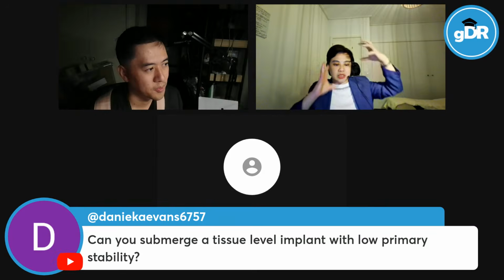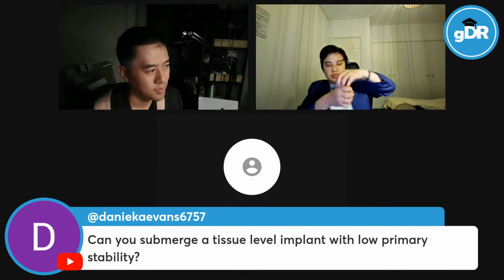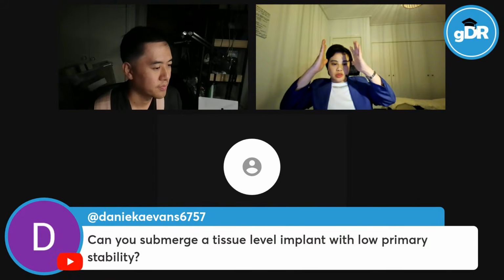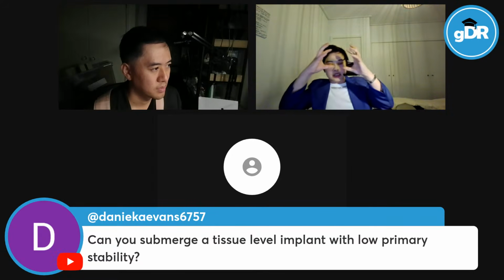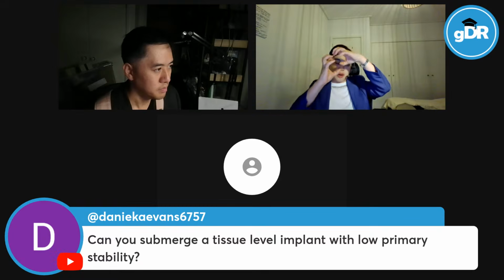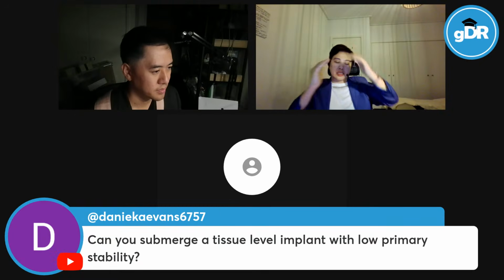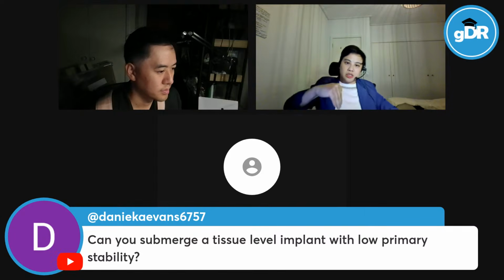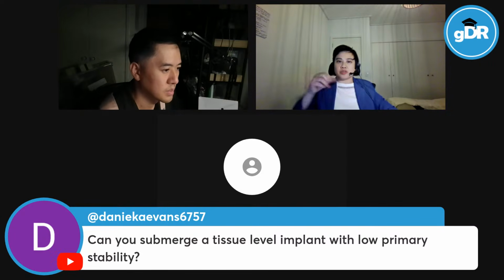Micro seal means you've got the implant, you've got the abutment, and there's actually leakage at the gap between the implant and the abutment. That's called the micro gap.